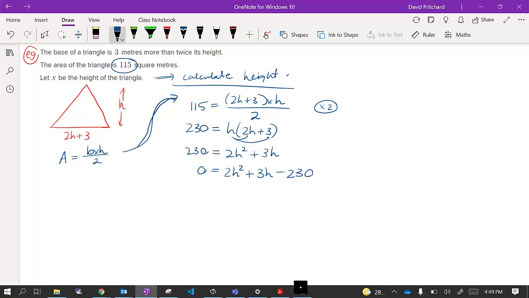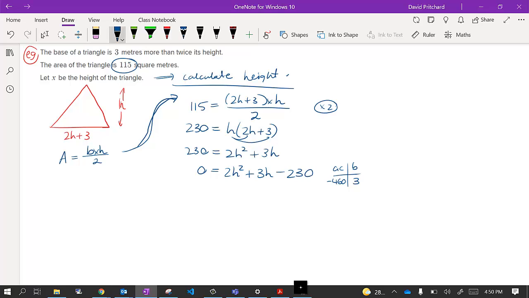Now again, I'm not too sure if this is going to factorize nicely. So if I look at A, C, and B, we've got 2 times negative 230, which is negative 460, and we're looking for 3. Off the top of my head, I don't know the factors of 460, so let's try a couple of things. 460 divided by 20.